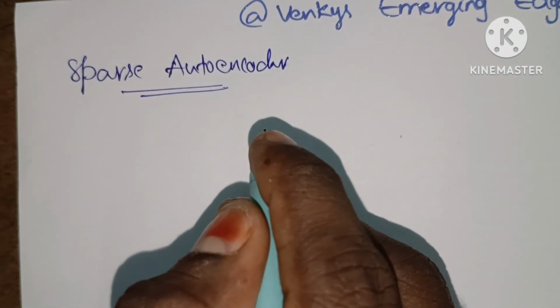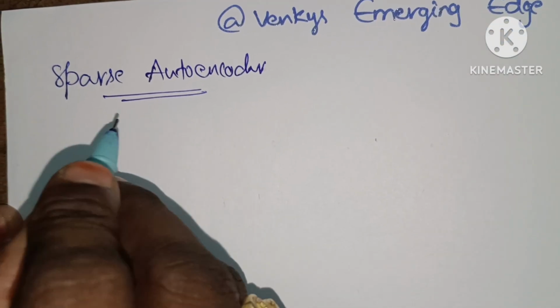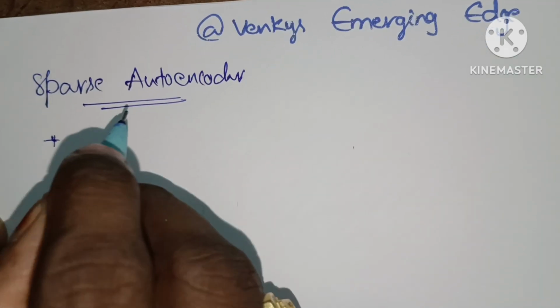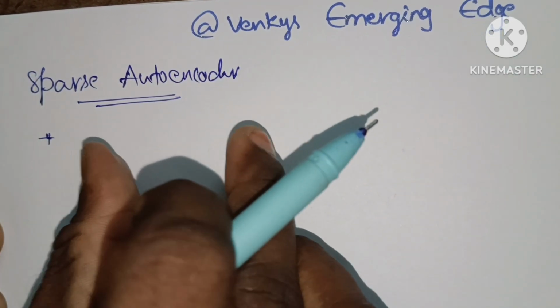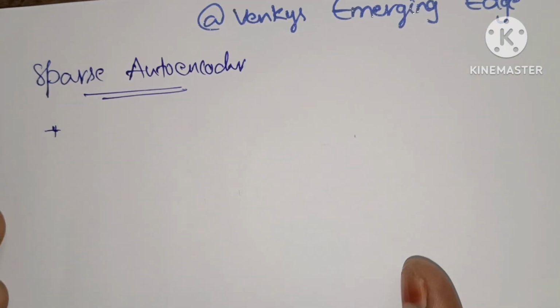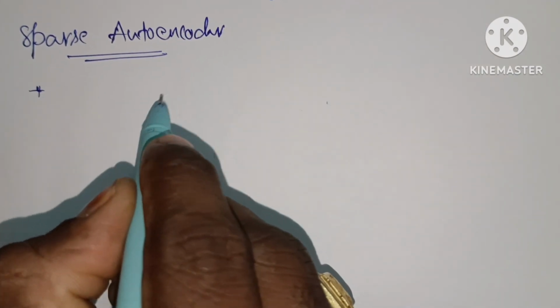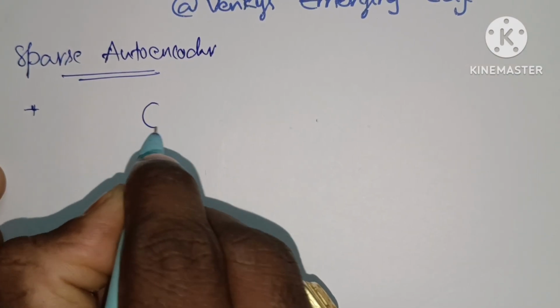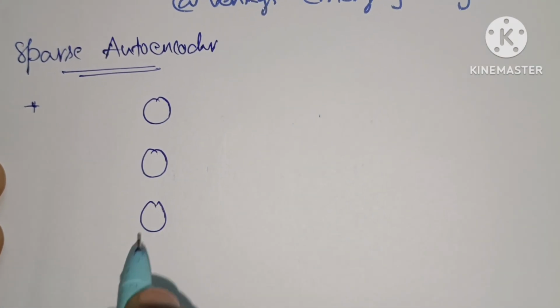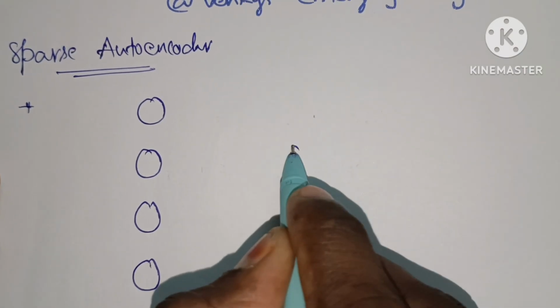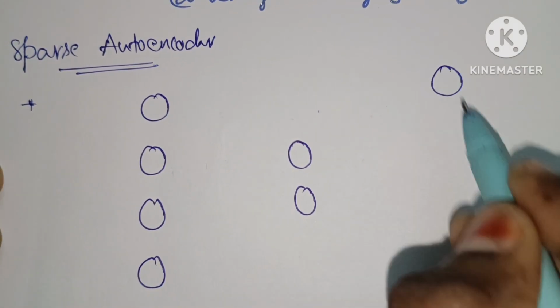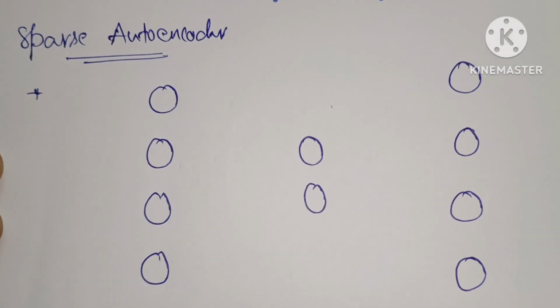Sparse autoencoder means the main theme is controlling the change in the number of nodes. So what are autoencoders generally? We can see one of the architectures here. See the nodes. For example, these are input nodes, these are hidden, these are encoding.